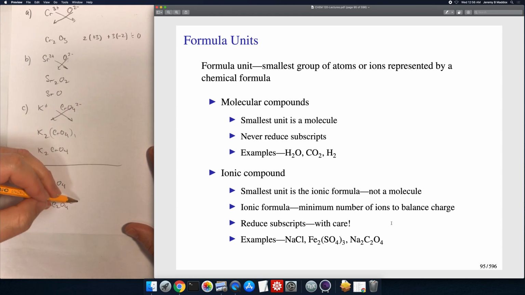Now this polyatomic anion is a molecule, but it's a molecule that's charged, which means it has extra electrons on it. So this is the anion. And the way you get to this formula is to take the -2 and put it down here, and you take the 1 and you put it there.